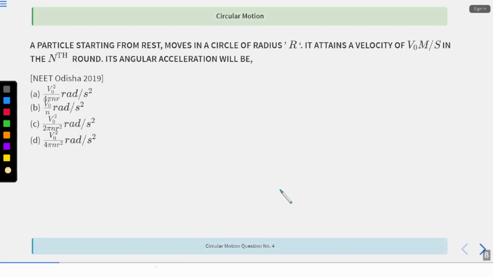So the next question is, a particle starting from rest moves in a circle of radius r. It attains a velocity of v naught meter per second in the nth round. Its angular acceleration will be? Okay, so this is a direct Newton's law of motion question.